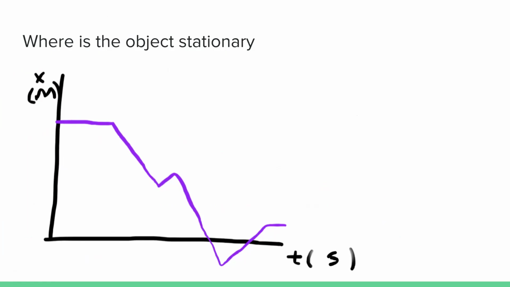So that means we're not going higher or lower on this axis. So this is going to be a place where it's stationary. Also this, and these moments that kind of look like mountain cliffs and valleys are places where temporarily it's stationary, but it's just because it's changing direction.